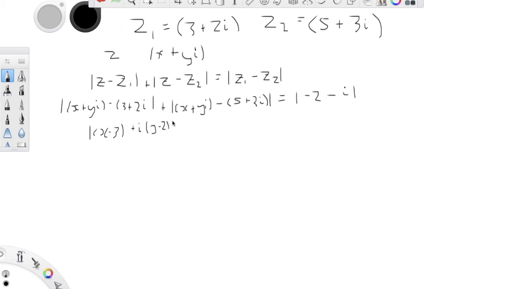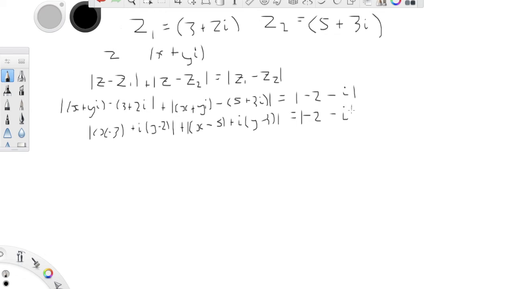And then we're just grouping real and imaginary here. x minus 5, because those are the real terms, they don't have i's attached to them, plus i, I want to include the i, just note that's the imaginary part, of y minus 3, always remember your signs, equals negative 2 minus i. Now what does this actually mean?